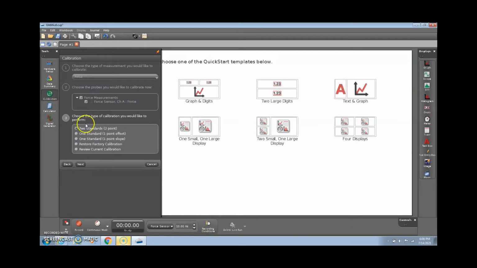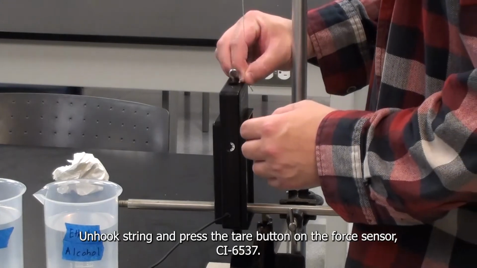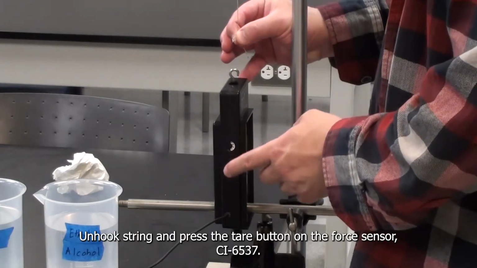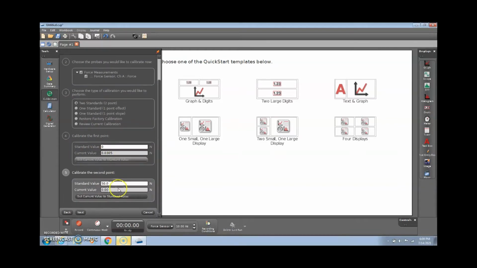All right, for the calibration, I'm going to do the two standard points. On the first one, I'm going to set the force sensor to 0. I'm going to now unhook the mass, a cylinder, from the force sensor. Okay, set that to the standard value.